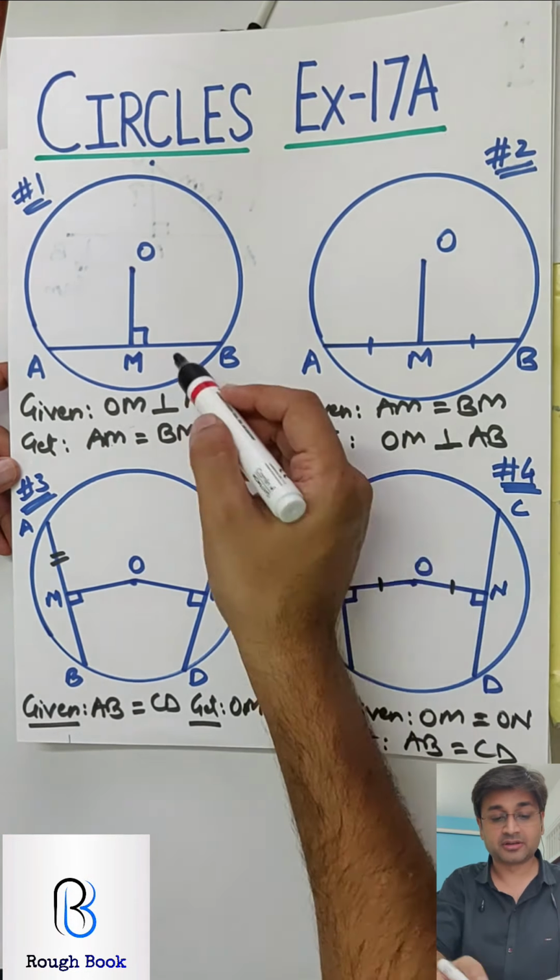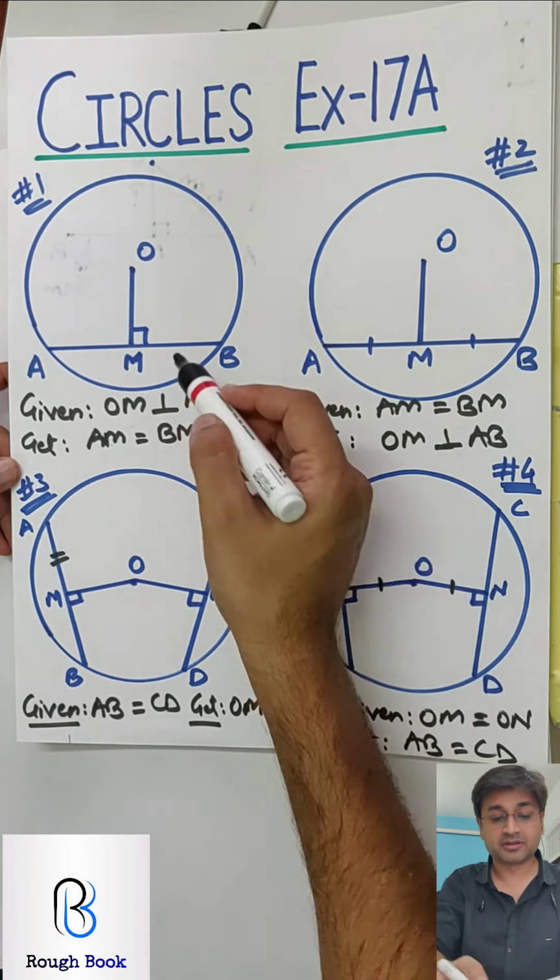The first one says perpendicular drawn from the center of the circle to the chord bisects the chord. I would prefer you writing this right now with me while I dictate, so you start learning. Draw the diagram as well. You will see the list of all these 4 properties in the description box also. You can download it, take a printout and put it on your softboard, so every time you can see and start learning from it.